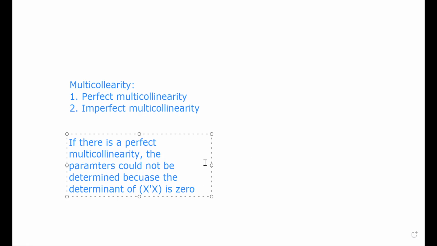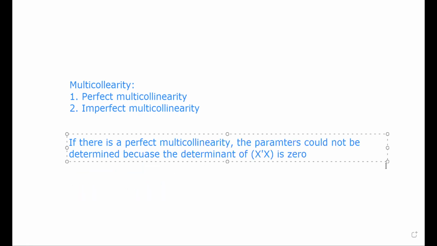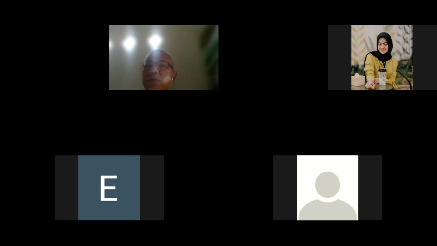So we cannot calculate the coefficient of parameters. This is if there is a perfect multicollinearity. If there is imperfect multicollinearity, it depends on how strong the collinearity is between the explanatory variables.